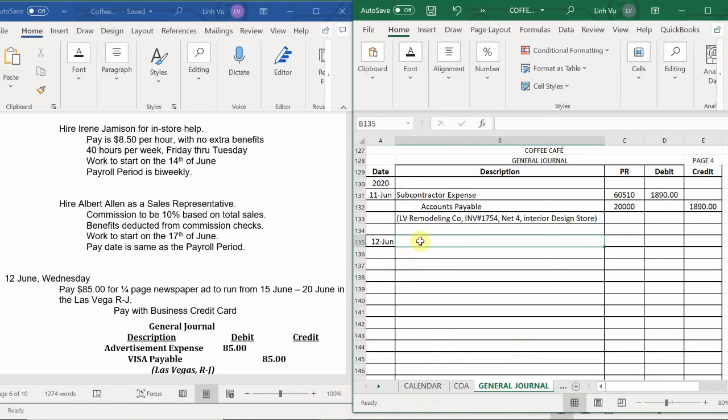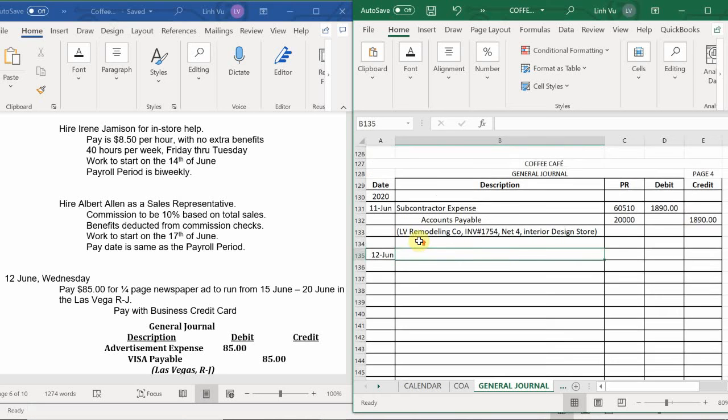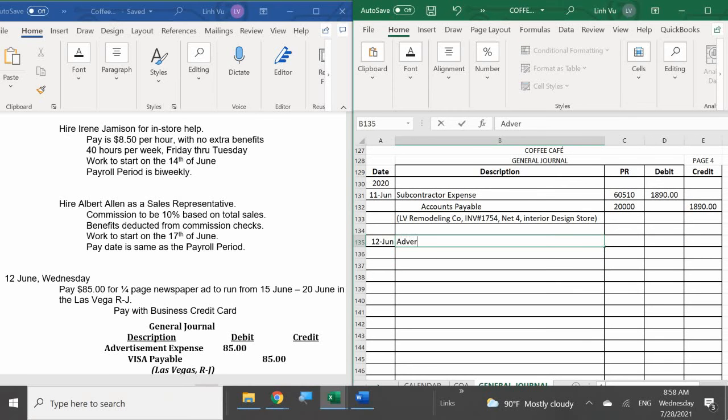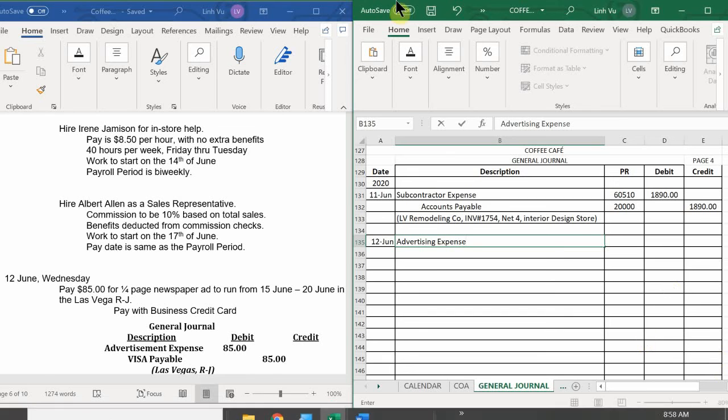Yes, advertising expense code 60,000. Perfect. So, we have some advertising expense. Okay? Now, let's take a look at this real quick.